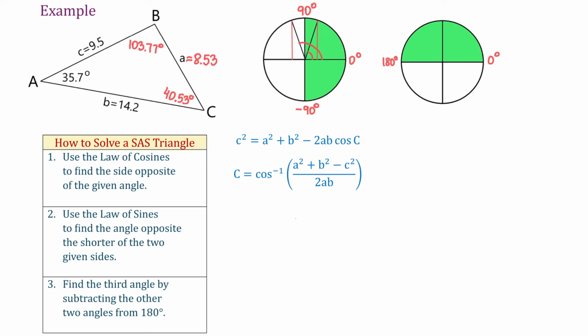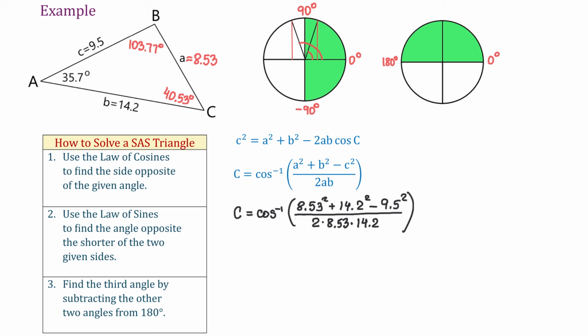Then if we go and replace, we will have C equals inverse cosine of 8.53 squared plus 14.2 squared minus 9.5 squared all over 2 times 8.53 times 14.2.